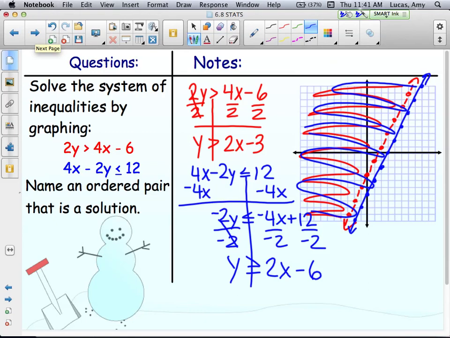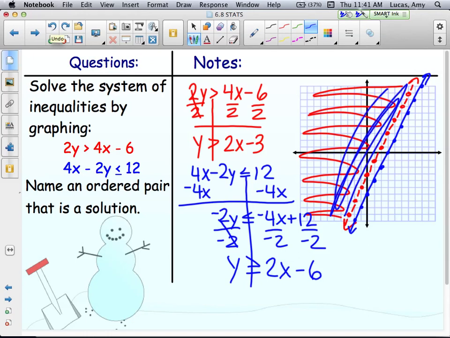My solution is the piece that is shaded twice, that is shaded by both of my lines. So I actually don't want it shaded in between the 2 lines because that's shaded only by my blue. So I'm going to see if I can undo my shading and instead just shade the piece that's shaded twice, like that.